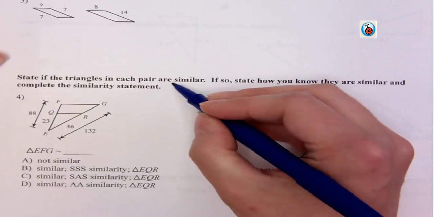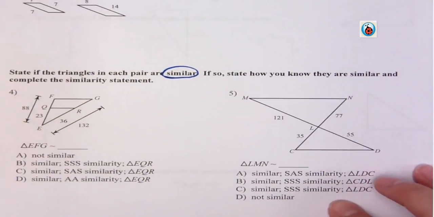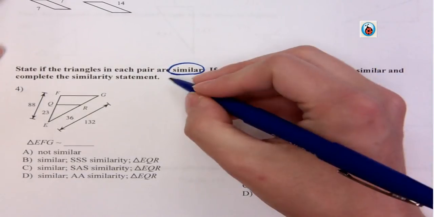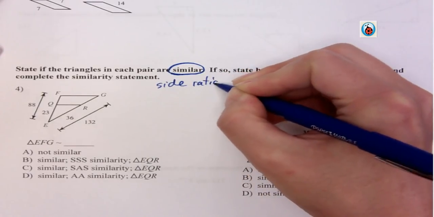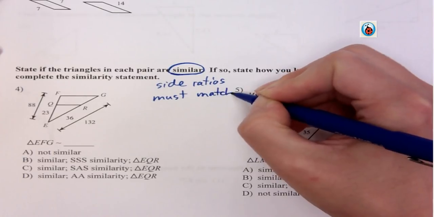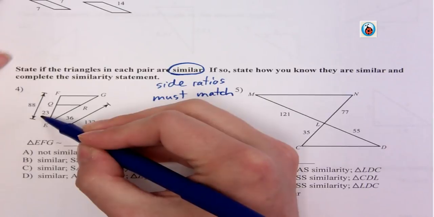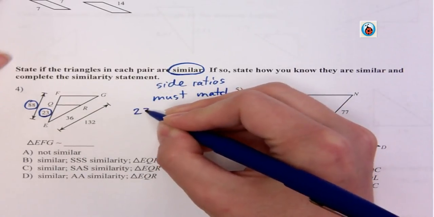Alright, next, we're dealing with similar again, and this is where we're saying, hey, is there enough to prove them similar? So, for similar triangles, our side ratios must match. So, I line up side to side, so 23 over 88.